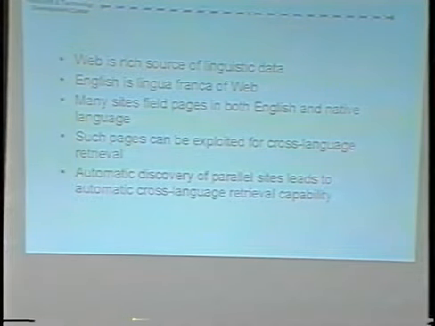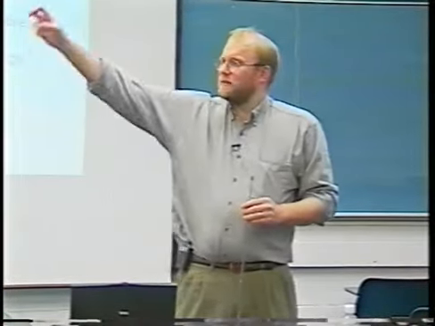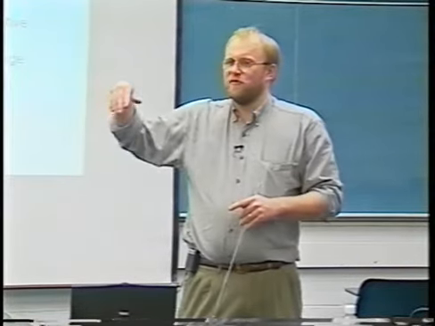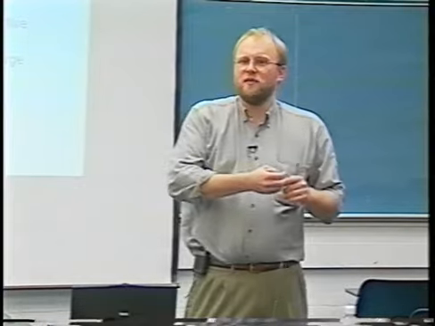And so if you can go out and find these things, then you have a ready source of parallel documents. And so we are actually building a web spider that will attempt to do this. Automatically harvest these parallel collections, throw them into that architecture I showed you before, so that we can actually take a new language, plug in an English query, and do retrieval, even without any actual translation software.